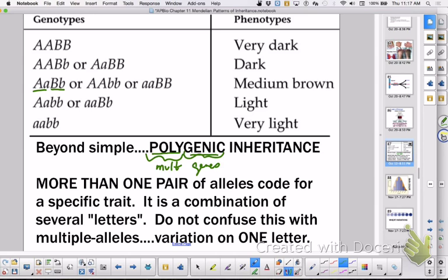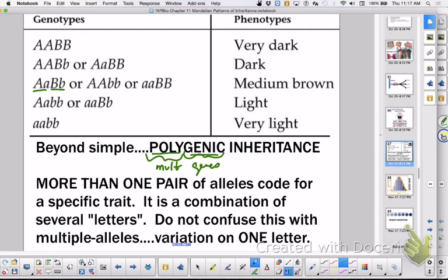Two dominant alleles. Do you see that? Or two recessive. To be dark, what do you have to have? Any combination but three dominant alleles, right? To be light, any combination, but you have to have what? To be light, you have to have only one dominant.